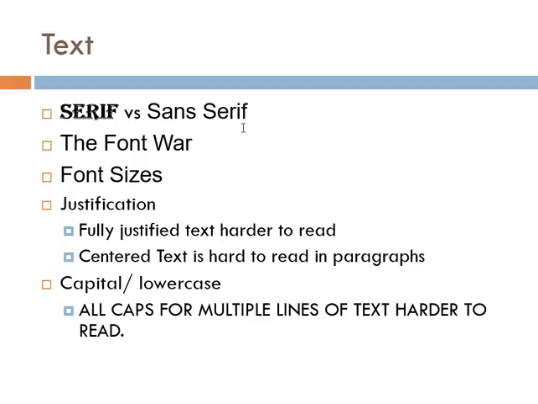I would also recommend that you stay away from all caps for multiple lines of text. One is because it's seen as shouting on the internet, but also because it's harder to read all caps than it is to read sentence case text. Oftentimes, editors will default to all caps for titles, and that's just fine.